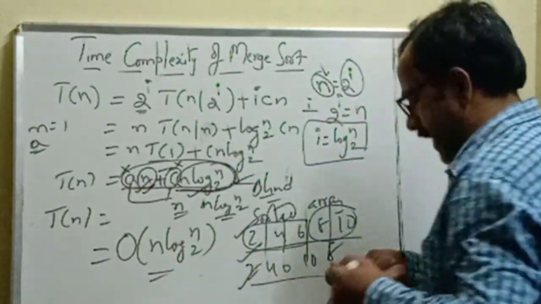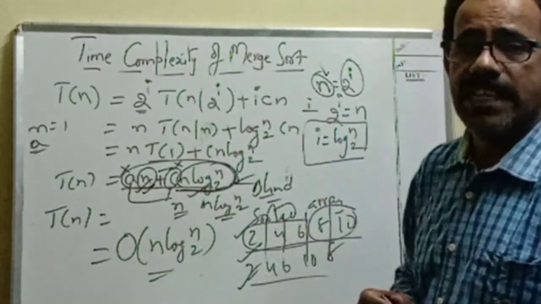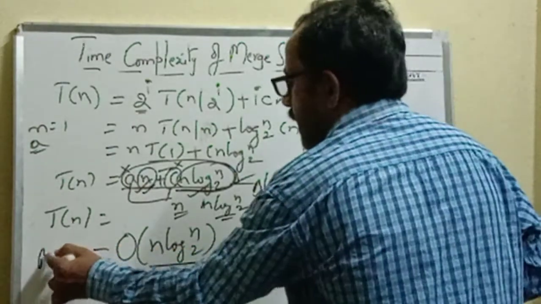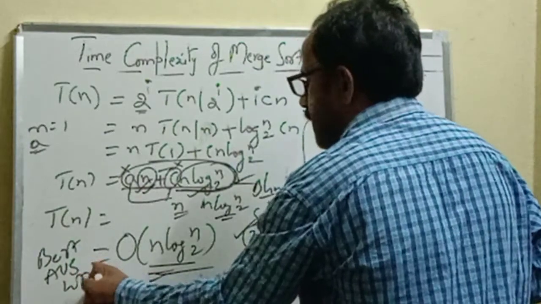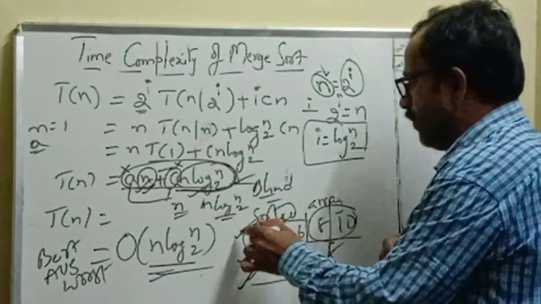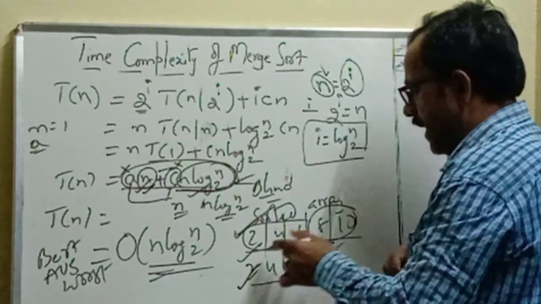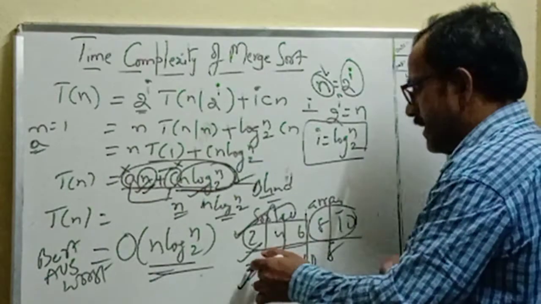So T of n equal to order of n log n base 2 is the time complexity of merge sort. But this time complexity is the same in best case, average case, and worst case because we have already seen: if you give a sorted array as input, that means best case input. If you give a semi-sorted array, meaning some elements in order, some elements not in order, this is average.